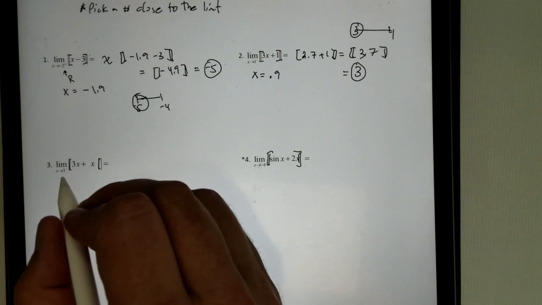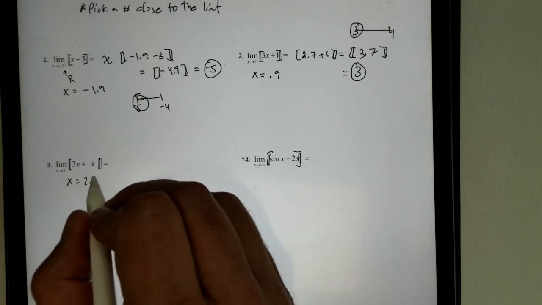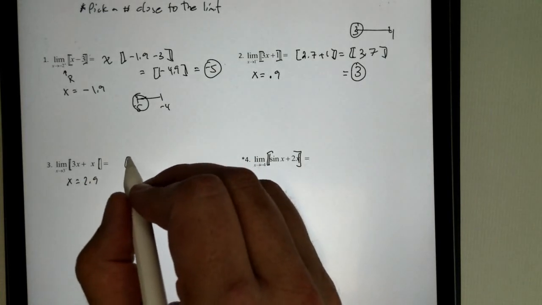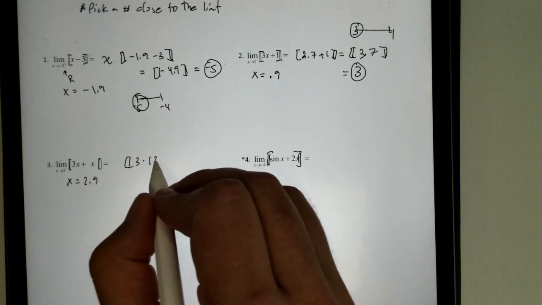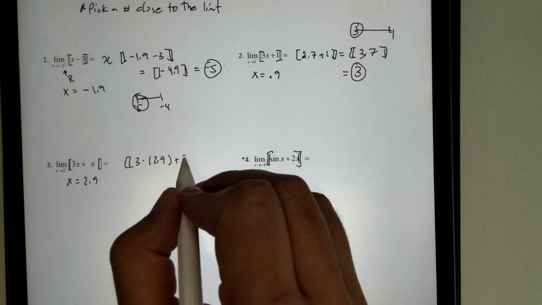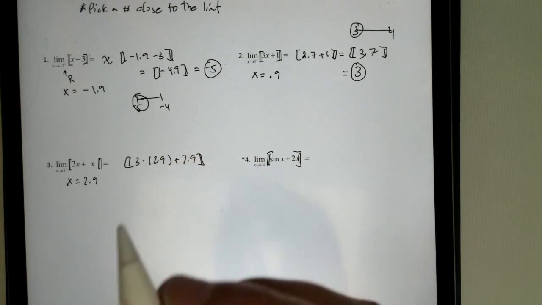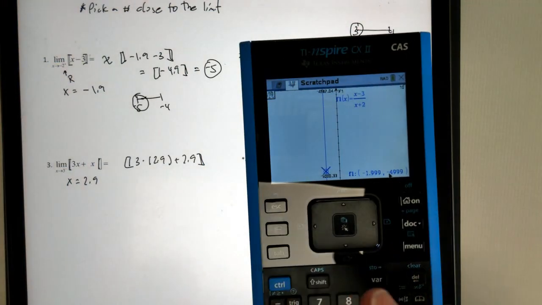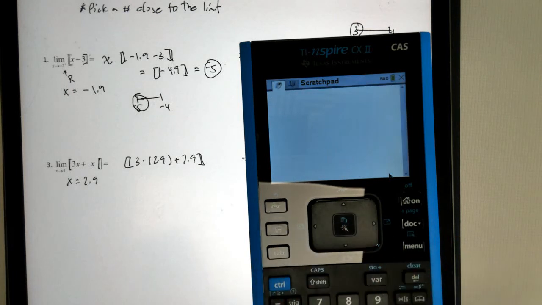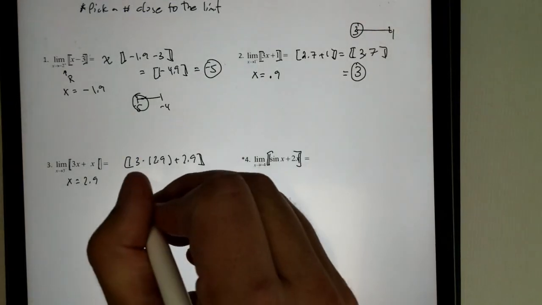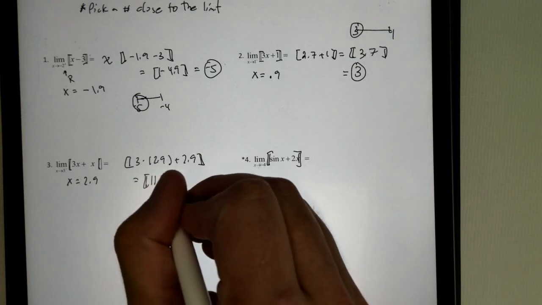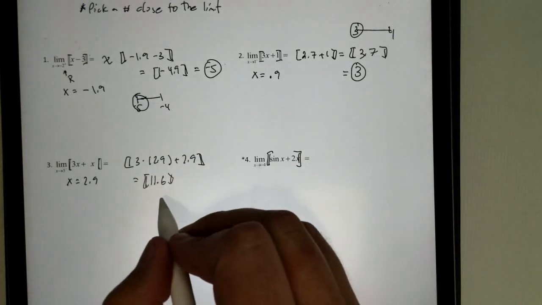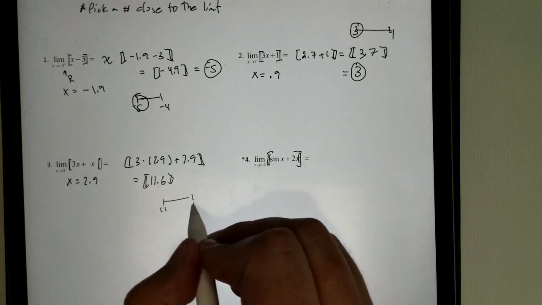If I plug in something to the left of 3, I can let x equal 2.9. I'm going to cheat here and use a calculator. On the home screen, 3 times 2.9 plus 2.9 gives me 11.6. 11.6 is between 11 and 12.